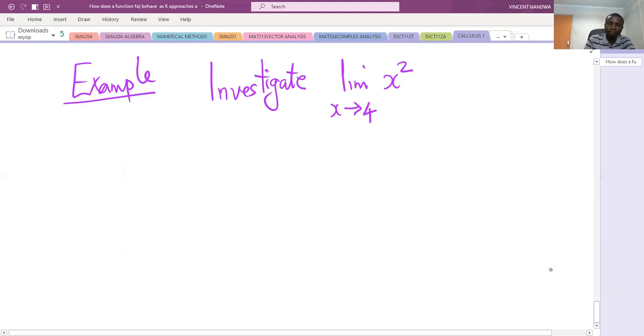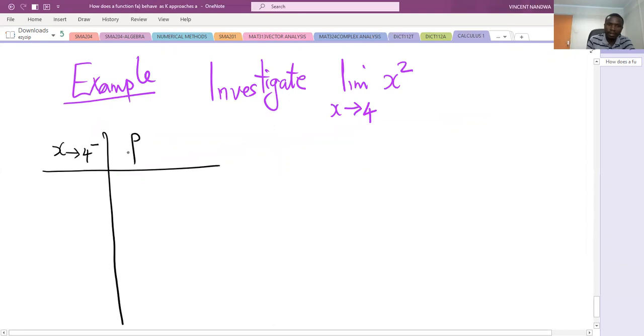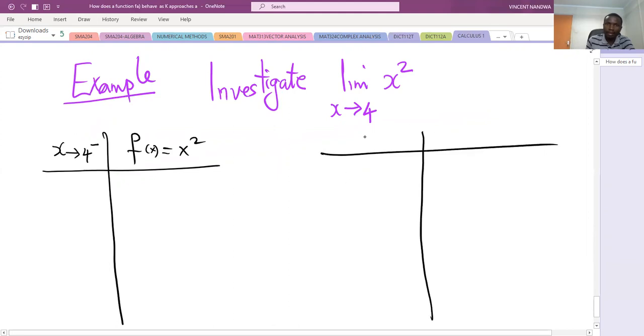So for this one, you draw a table of values, say x approaching 4 from the left, and f of x, which is x squared. And then x approaching 4 from the right, and f of x, which is still x squared.